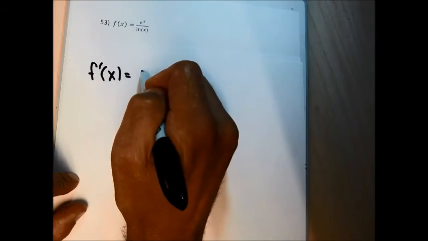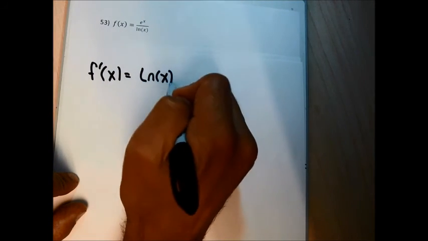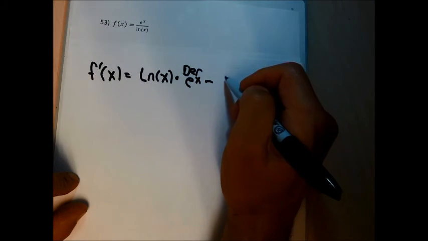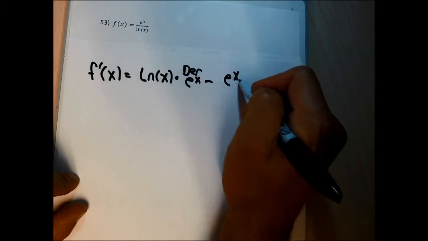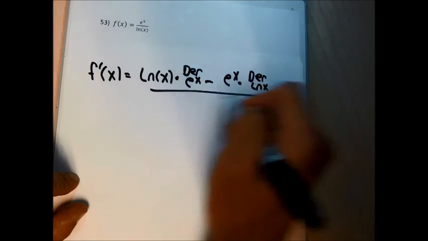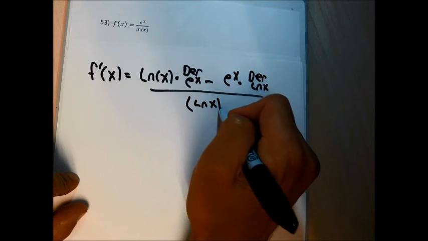So for 53, I start off with f prime of x equals the denominator, natural log of x, times the derivative of the numerator, minus the numerator times the derivative of the denominator, all over the denominator squared.